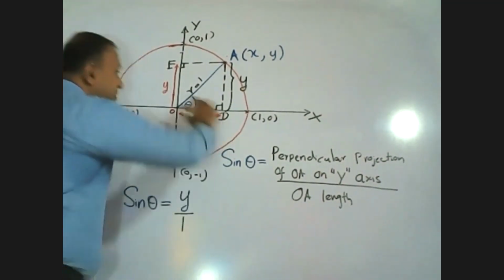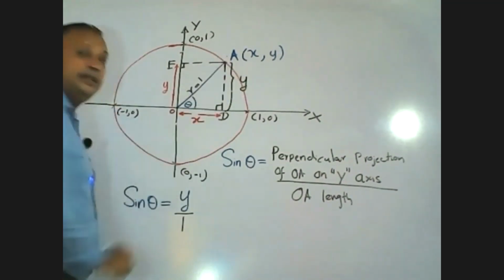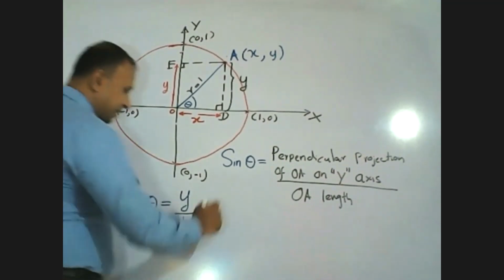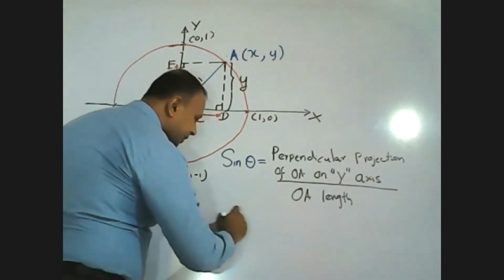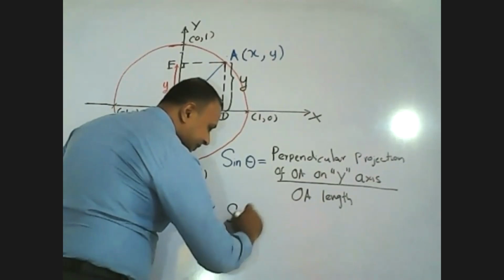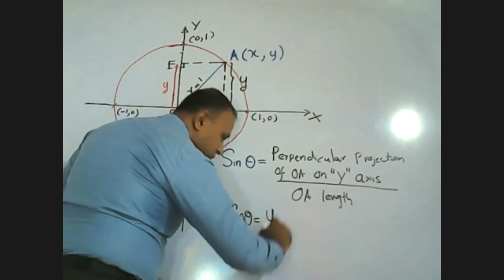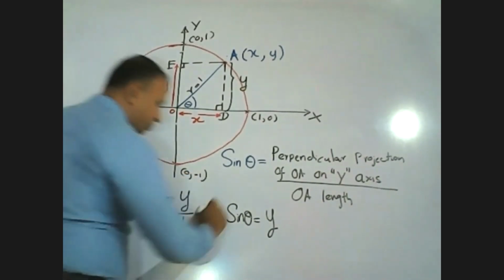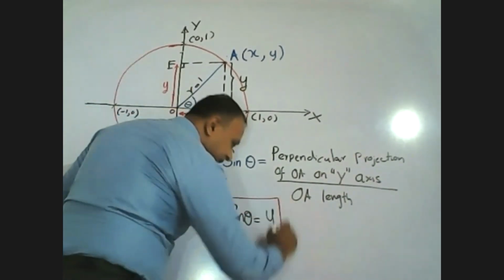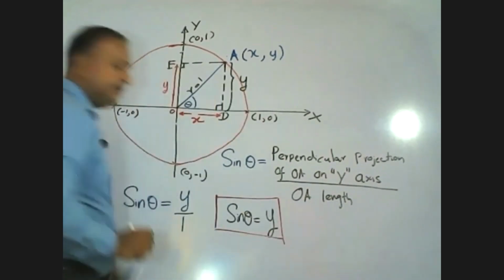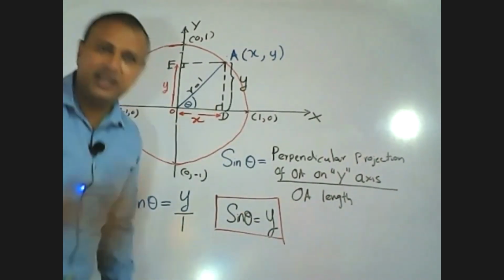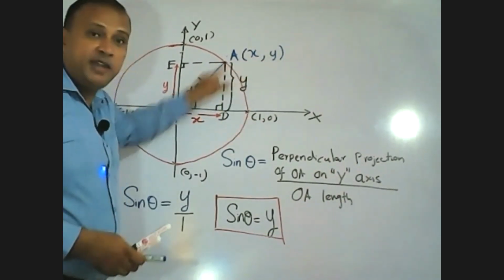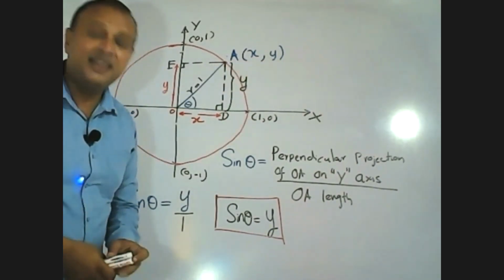It is equal to 1, because this is a unit circle, so the radius is equal to 1. So I can clearly write sine theta is equal to the y coordinate. Very important theory, this one. So if you know the y coordinate of this point, that is equal to sine theta.